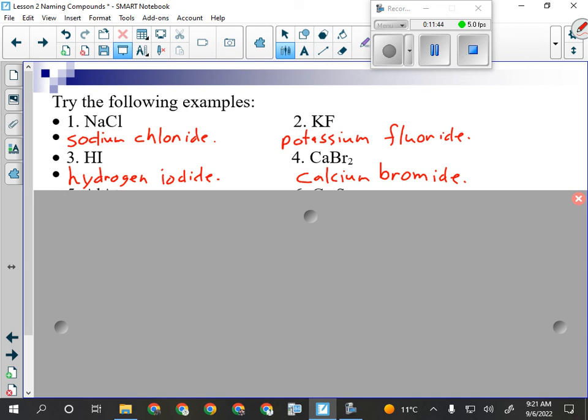The reason we don't use prefixes in ionic compounds is that is the only way that calcium and bromine can go together. Calcium is a 2+ charge, which means it needs to get rid of 2 electrons to be happy. So it's always going to need 2 bromines because bromines are a -1. Everybody follow me there? That's that whole drop and swap thing again. Questions on the first 4?